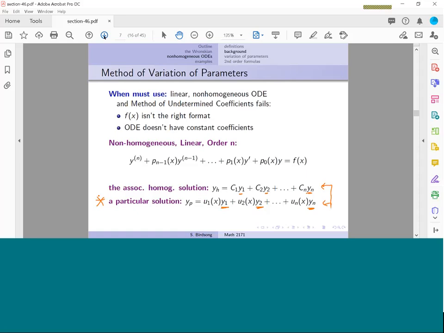The only holdup is that, because linear algebra is not a prereq for this class, we're only going to go up to order 2 for the formula for variation of parameters. That is 100% just because we don't have a prereq of linear algebra. A couple of you who have it, I may post something to show you what the true formula is in any order you want, not just order 2. But for the rest of you, this is what you've got until you need it in the future. Okay.